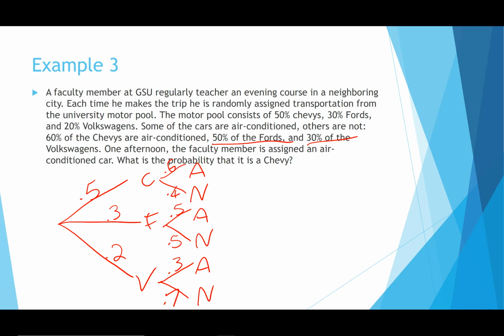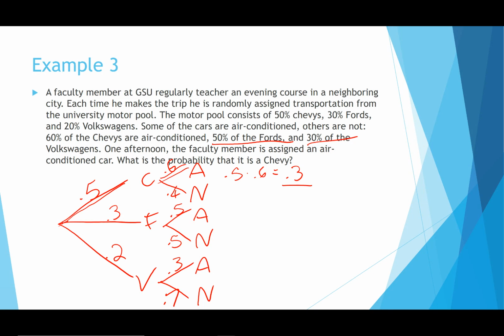So let's calculate the probabilities of each of these, then we'll answer the question. Maybe we'll try that approach here. The probability that we have a Chevy that is AC'd is 0.5 times 0.6, which is 0.3.